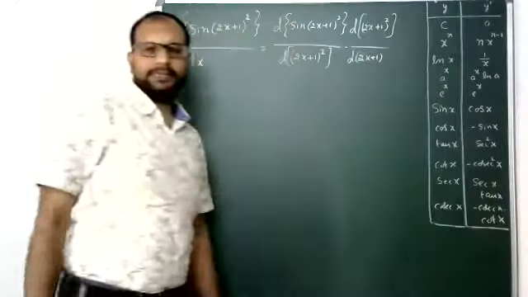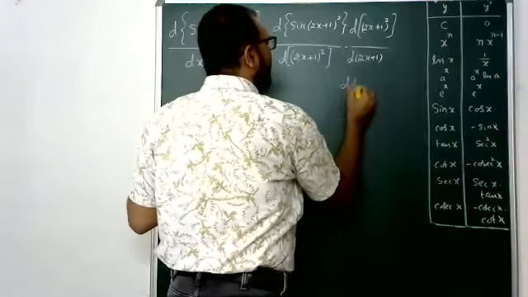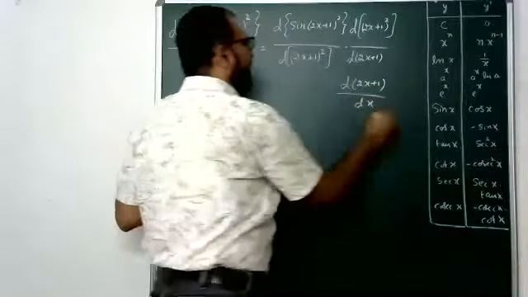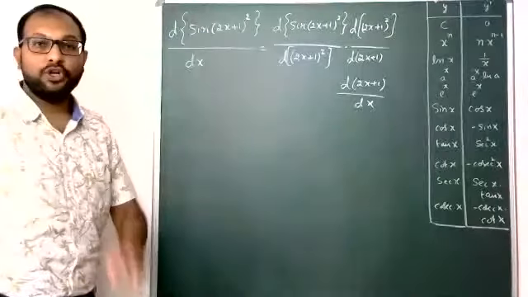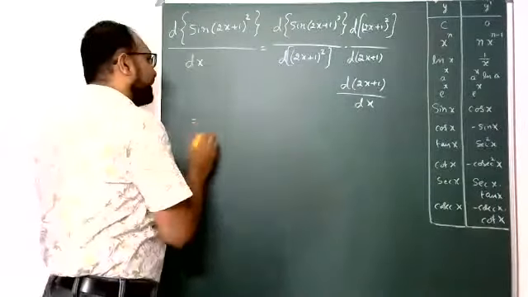Still not completed, one more: derivative of 2x plus 1 with respect to x. So in total there are 3 links in this chain. This I am writing here.